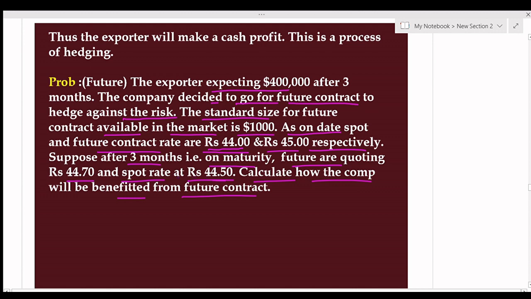So there is an increase of rupees 0.50 per dollar, so here he will gain 0.50 per dollar. In the case of future, the spot future rate is 45 and it comes down to 44.70 on the maturity date or expiry date. So here he will gain 0.30 per dollar.